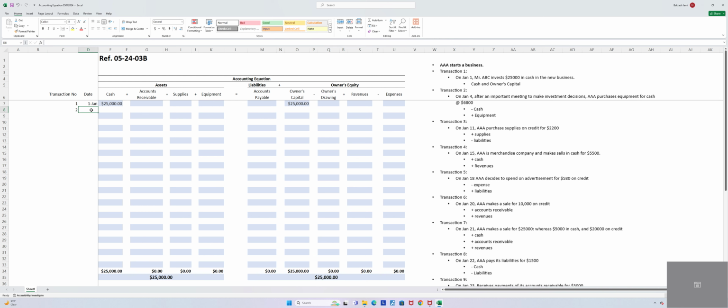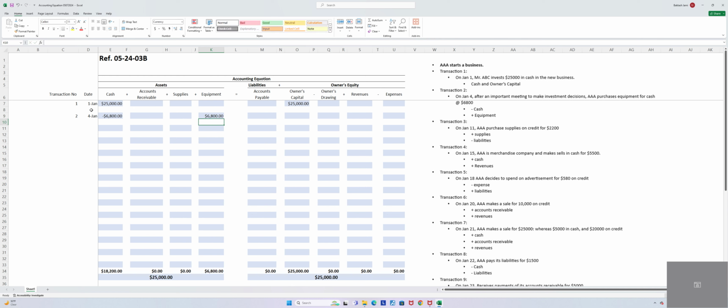Transaction number two, on January 4th. After an important meeting, they make some investment decisions, and the business called AAA purchases equipment in cash. So we reduce cash by $6,800, and because we are buying equipment, we add equipment by $6,800.